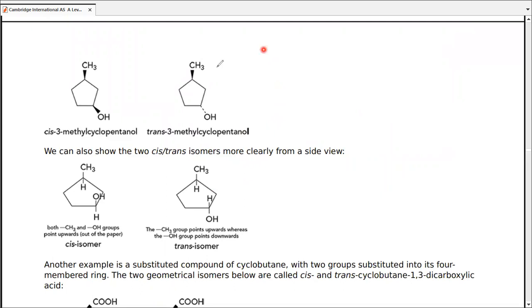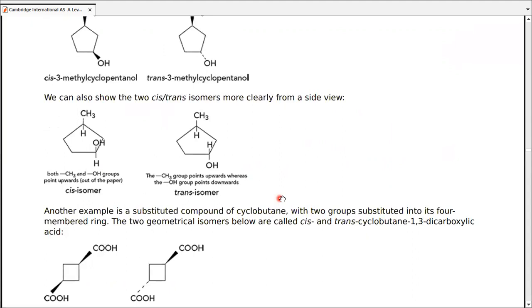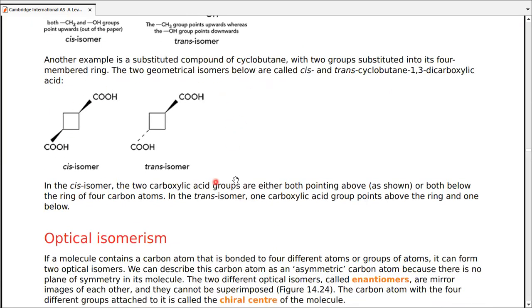Now, cis-trans isomerism also exists in cyclic structures like this, though this is the same example. It's just been explained in detail by this kind of structure. So it gives us the idea for this. Also, another example for cycloalkanes, the example for cis and trans isomerism.